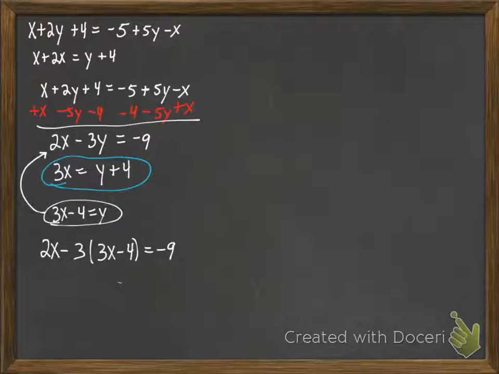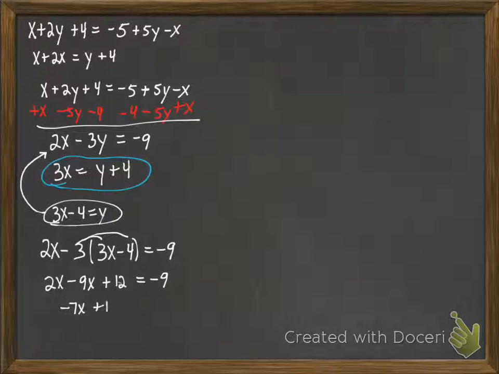So there's a little bit of simplifying that we can do. Here we can distribute the 3 through. Get 2x minus 9x. And a negative 3 times negative 4, be careful here, that'll be plus 12. Equals negative 9. We have some like terms here we can combine. 2x and 9x will be negative 7x.